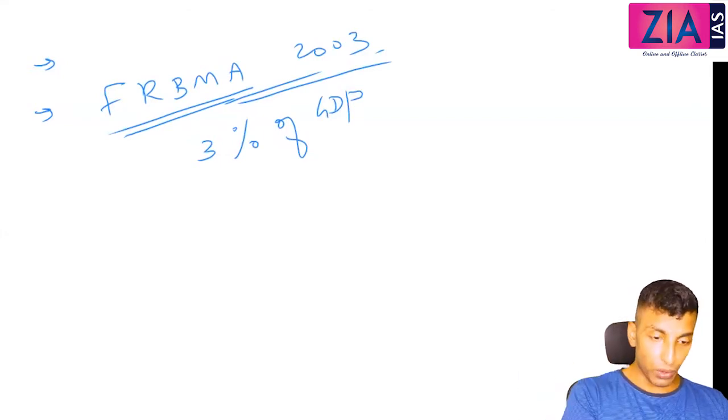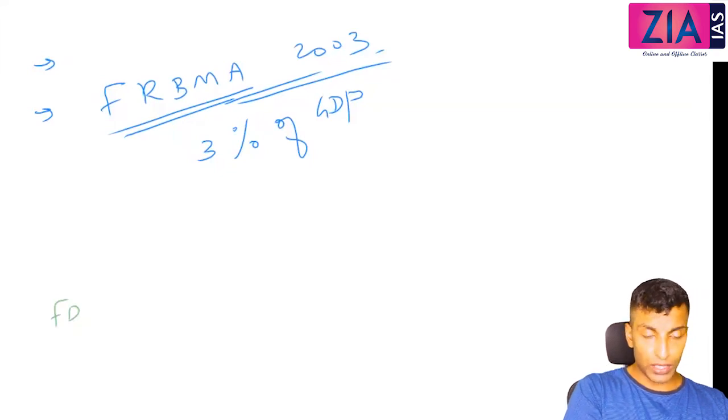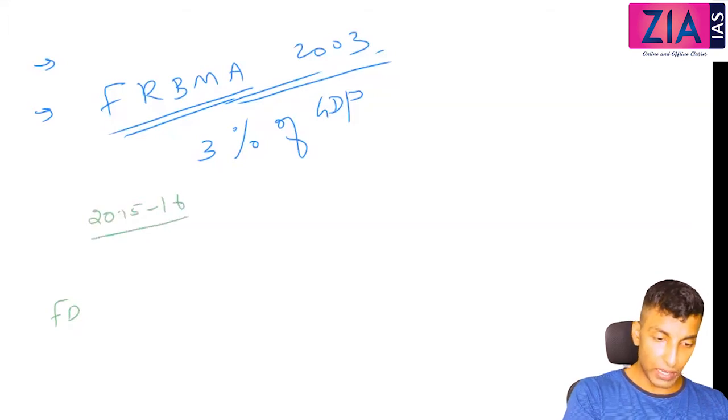Okay, I'll tell you how you will write this or how you will see this fiscal deficit. It's like this. First you will see the previous year. Let's say previous year is 2018-19, right? Or what I have data is actually 2015-16. So this is how generally you will see.